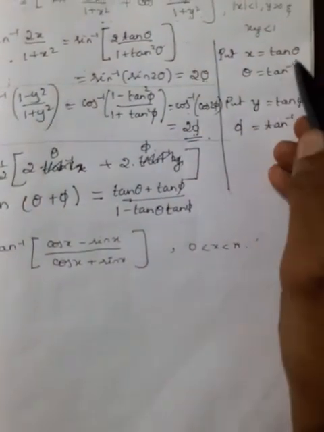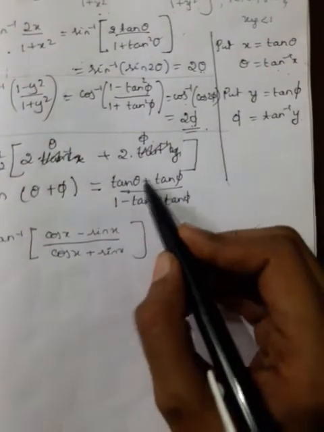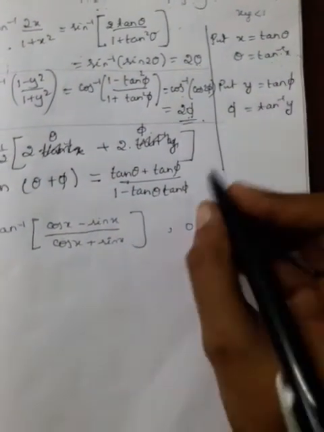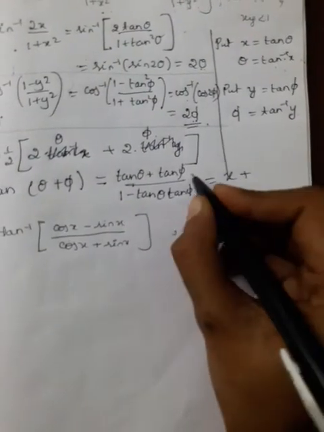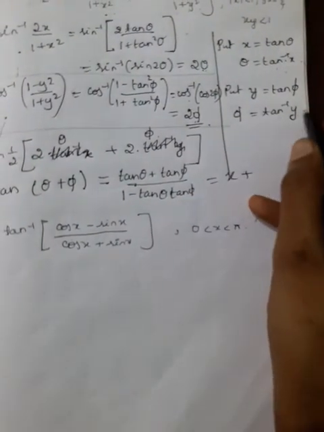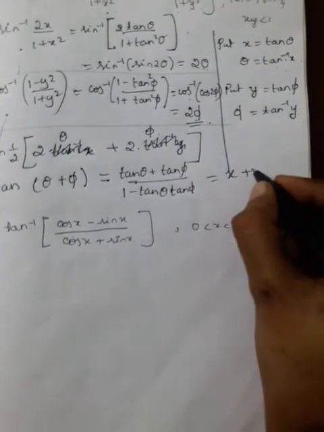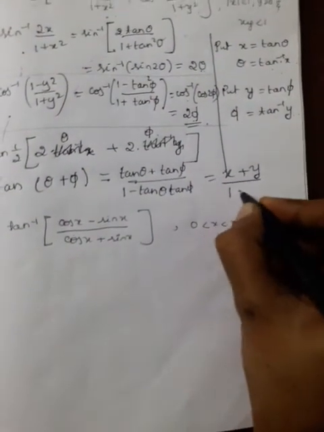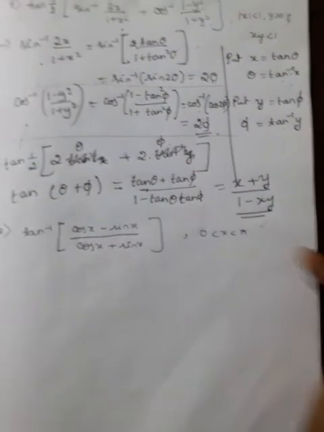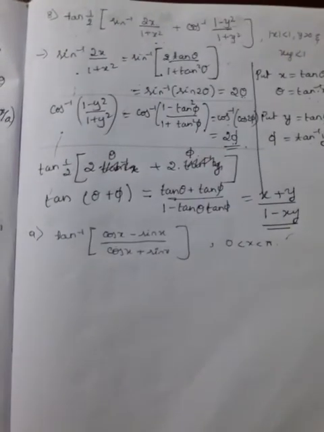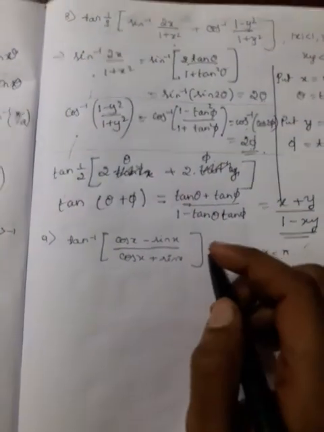Here theta is equal to tan inverse x. Tan of tan inverse x is equal to x only, plus here phi is equal to tan inverse of y, that is tan of tan inverse of y is equal to y, divided by 1 minus x into y. Understood? Another method is there.